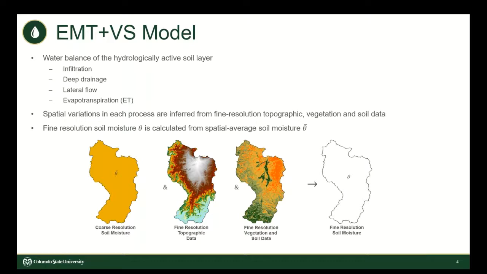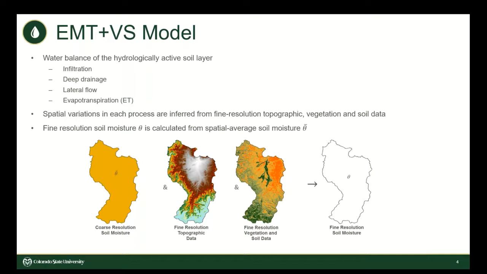In order to get a moisture content, we use the EMTBS model, which stands for Equilibrium Moisture from Topography, Vegetation, and Soil. The model inputs consist of a coarse resolution soil moisture, which is typically on the range of 9 to 30 kilometer grid cells, which is not applicable to many applications.